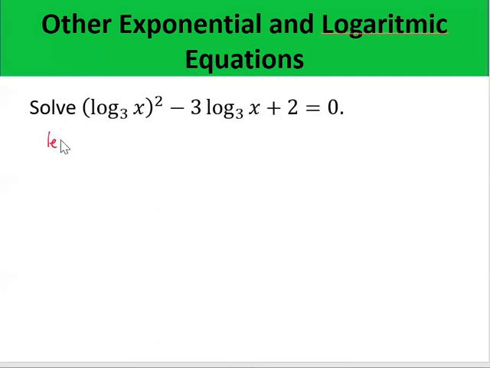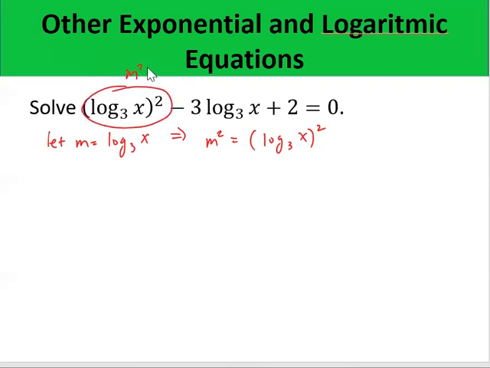So we can actually let m be the logarithm of x to the base 3. So that would imply that m squared is equal to the logarithm of x to the base 3 quantity squared. So this thing here will be replaced by m squared, and this thing here will be replaced by m. And so our equation will now be written as m squared minus 3m plus 2 is equal to 0.